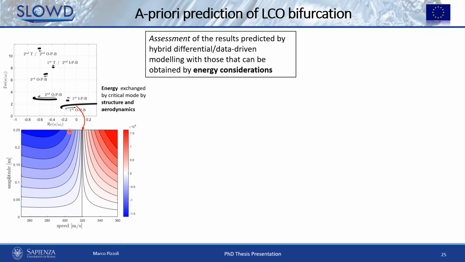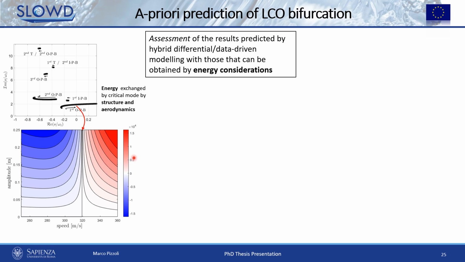And the blue part represents the region where aerodynamics subtract energy from the structure. So the aerodynamics here induces damping, while the red part is the region where aerodynamics gives energy to the structure.